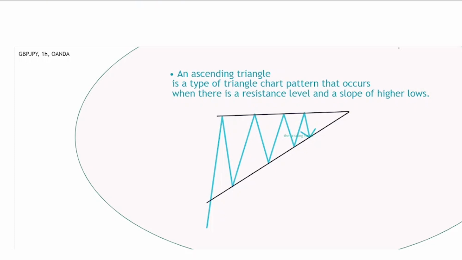So an ascending triangle is the type of triangle chart pattern that occurs when there is a resistance level and a slope of higher lows. This is a higher low from the downside. So from this support, these are higher lows.